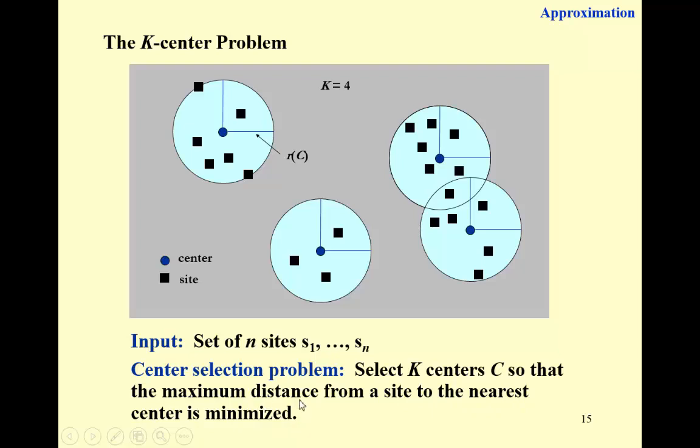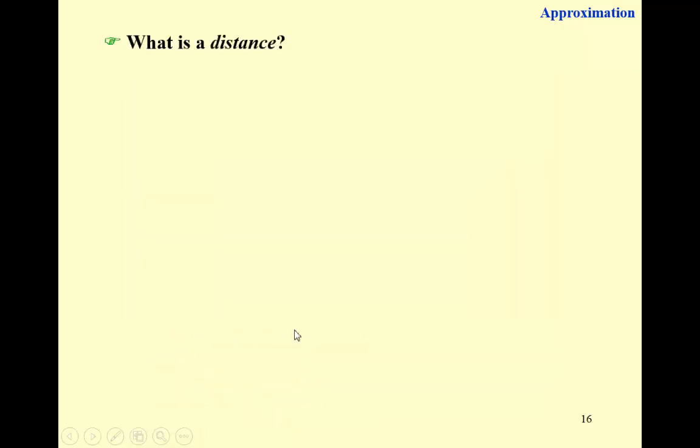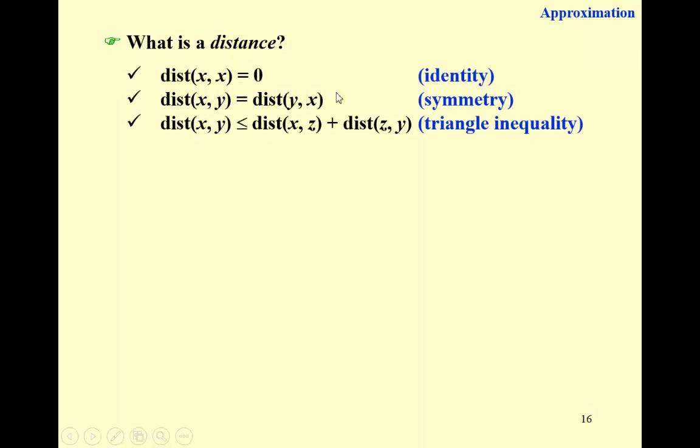And here the distance is not like something we had in the graph theory, which is the weight of edges. This distance is the one defined in mathematics. So if something is called a distance, it must have the following three properties. One is called the identity, means the distance between x and x itself is defined to be 0.